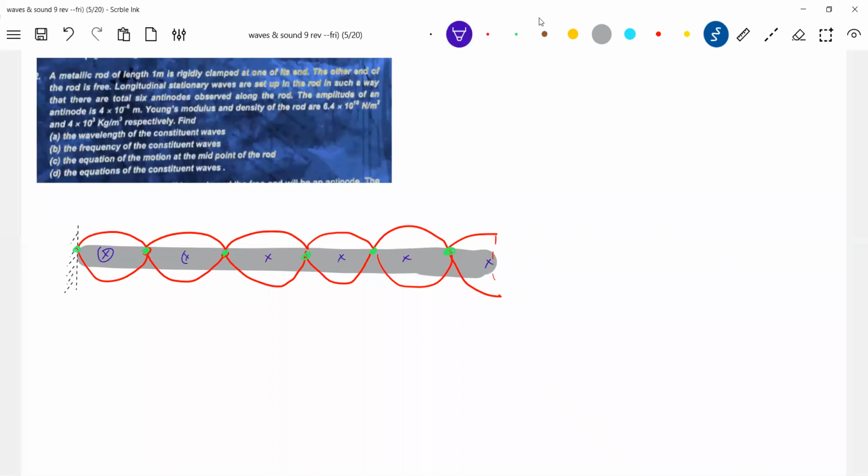Okay, all of you able to recollect? This is a representation. Don't think that the particle will vibrate like this, that is wrong.